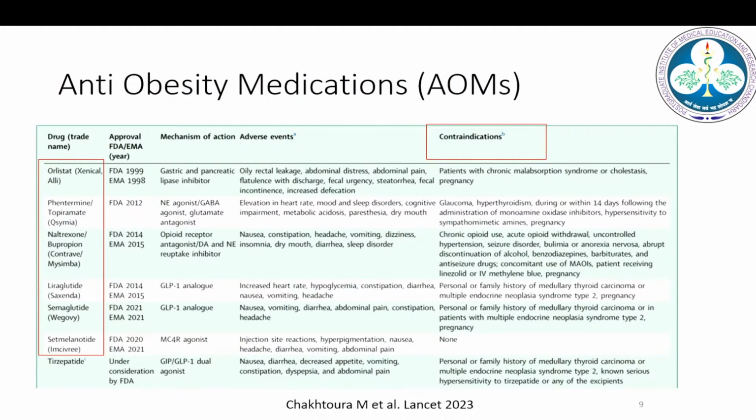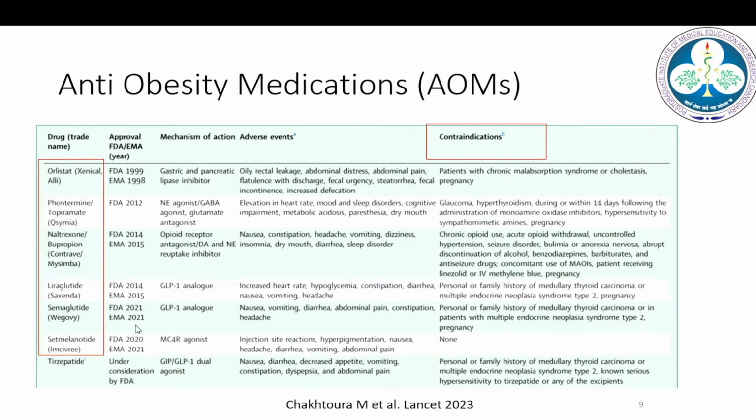Now, coming to the second thing, which is the anti-obesity medications. These are the long list of medicines which are approved by FDA for usage in patients with obesity. To name them: orlistat, phentermine-topiramate combination, naltrexone-bupropion combination. And then you have two GLP-1 agonists, one is liraglutide, and the other is semaglutide.